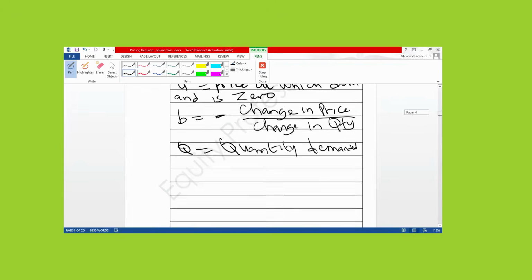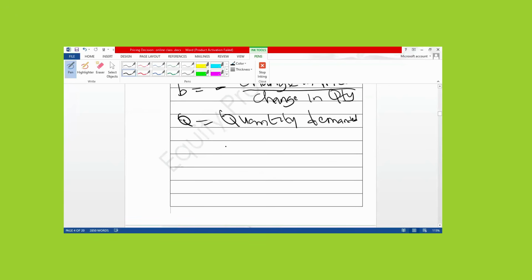Now we have gotten the price function. Your total revenue. Total revenue is price multiplied by quantity. That is how you get your revenue: quantity sold multiplied by price.